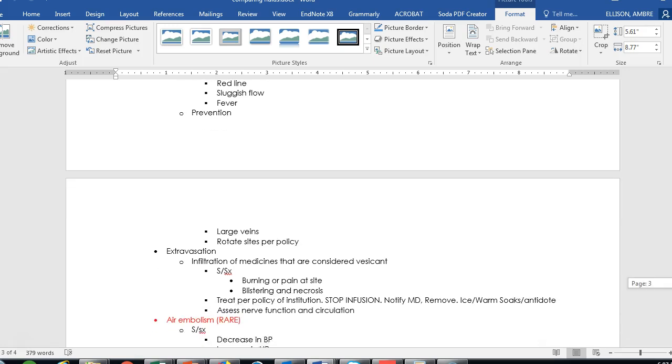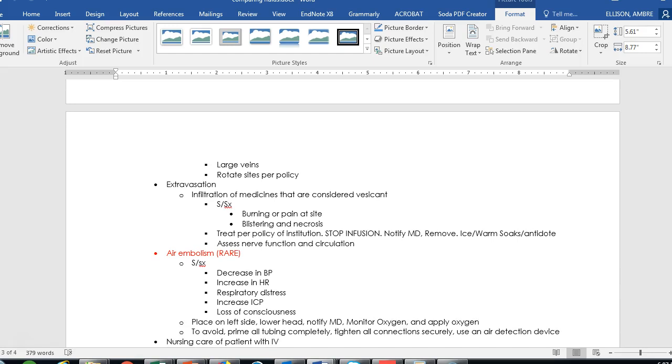Then we have extravasation. And extravasation is like infiltration, but it's medicine that's considered a vesicant that has leaked out into the surrounding tissue and has caused damage. So it becomes necrotic, basically. I showed pictures in class of what extravasation looks like.